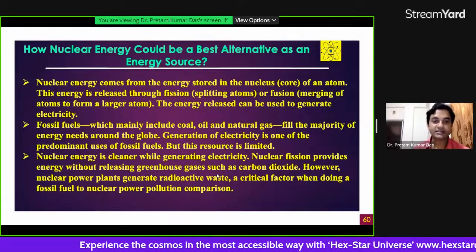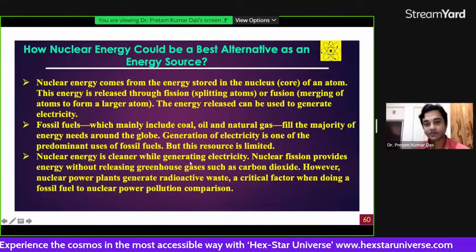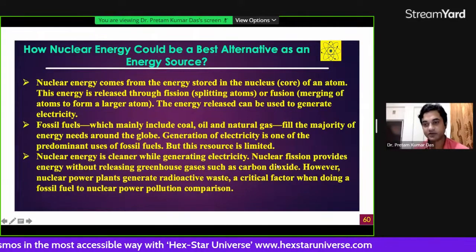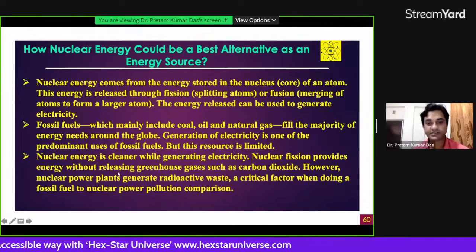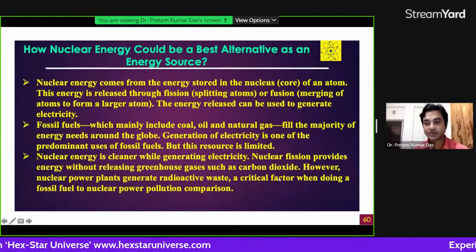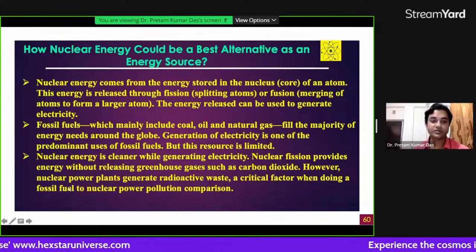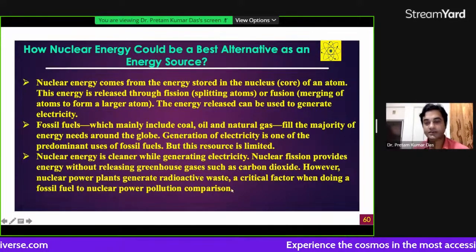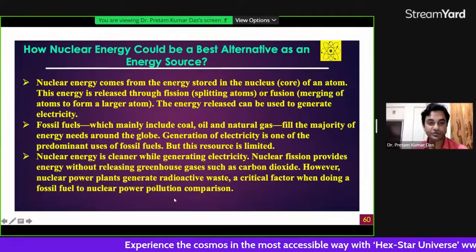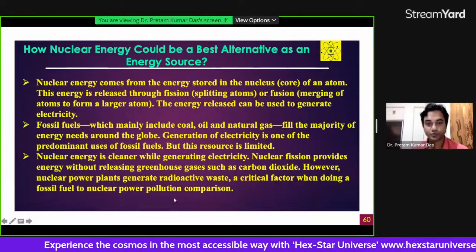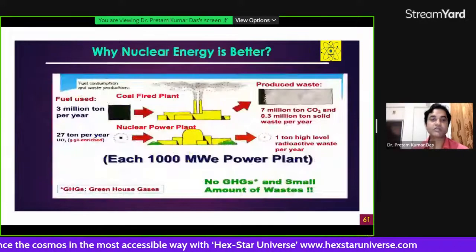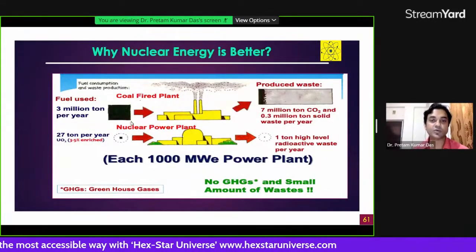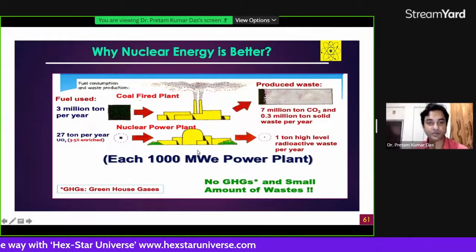So nuclear energy is cleaner while generating electricity, and nuclear fission provides energy without releasing greenhouse gases such as carbon dioxide. However, nuclear power plants generate radioactive waste, a critical factor when doing a fossil fuel to nuclear power pollution comparison. So you can compare the coal-fired plant with the nuclear power plant.